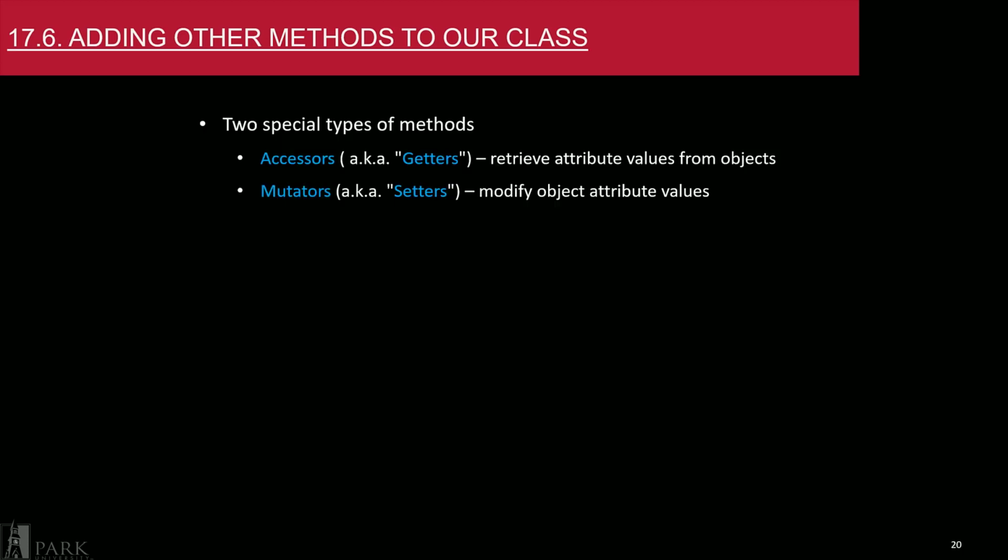Accessors or getters belong to a special class of methods, and we refer to them as getters and setters. So we have accessors or getters, and we also have mutators, which are the setters. Getters retrieve the object values, and setters modify the object attribute values.